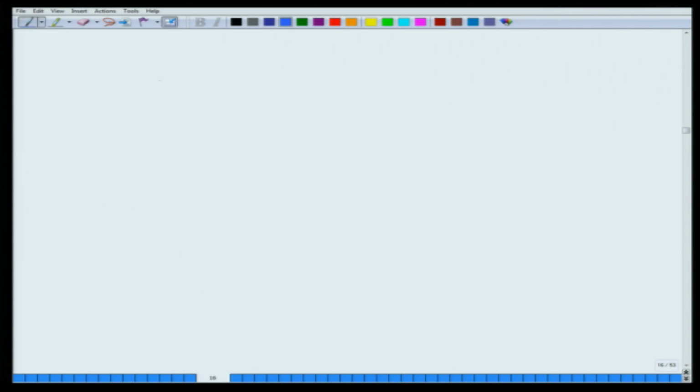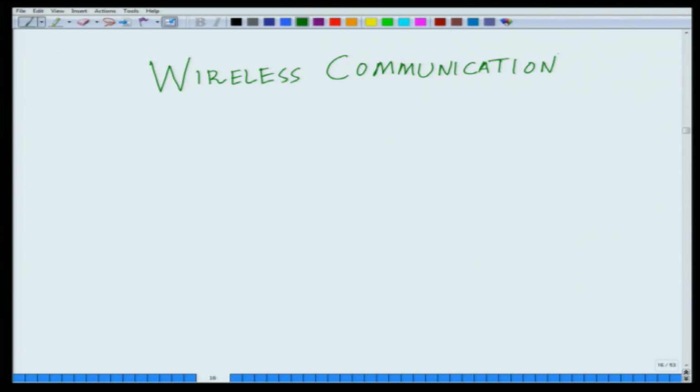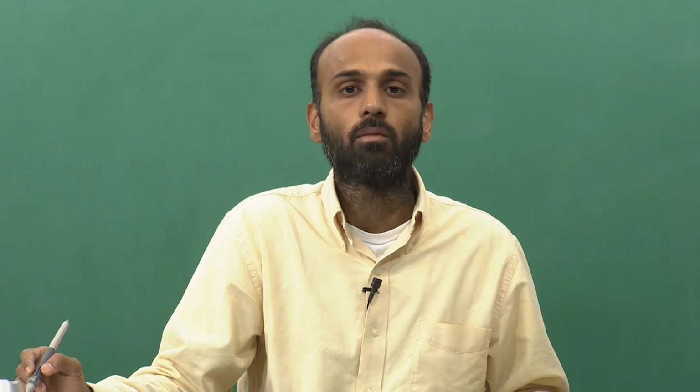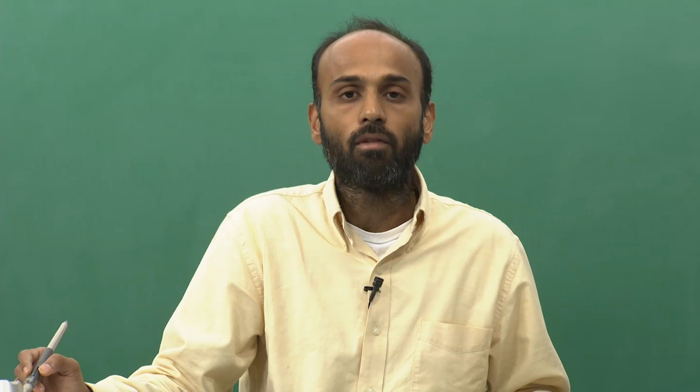So, let us now look at a simple example from the context of wireless communication, because remember this is a course on the applications of probability and random variables and random processes in communications, especially wireless communications.